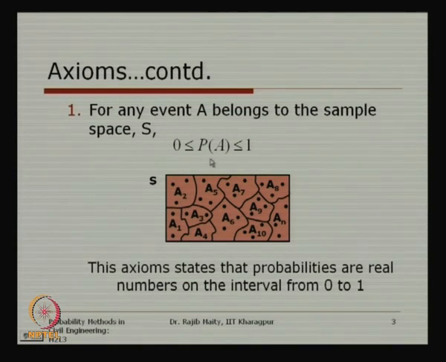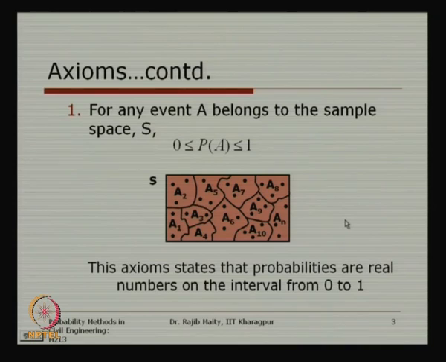So, it should be greater than or equal to 0 and less than or equal to 1. This axiom states that probabilities are real numbers on the interval from 0 to 1.